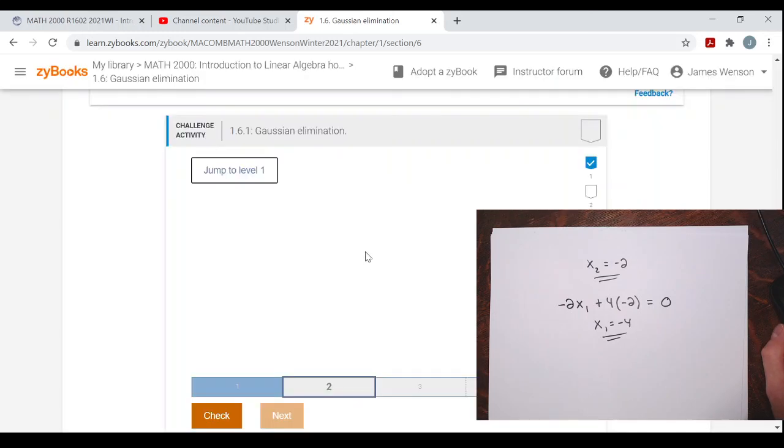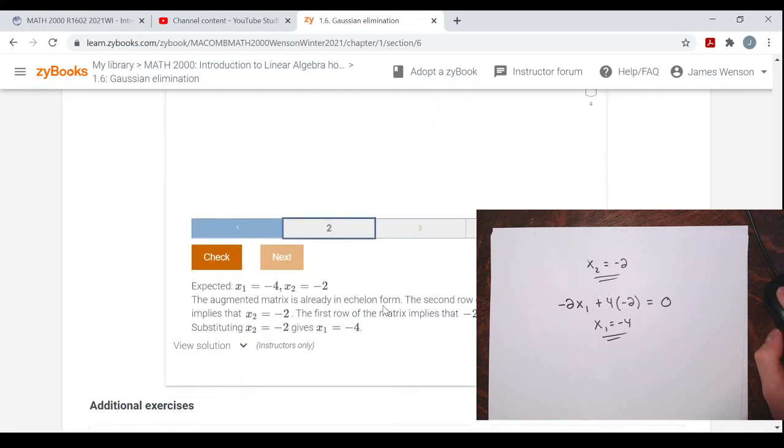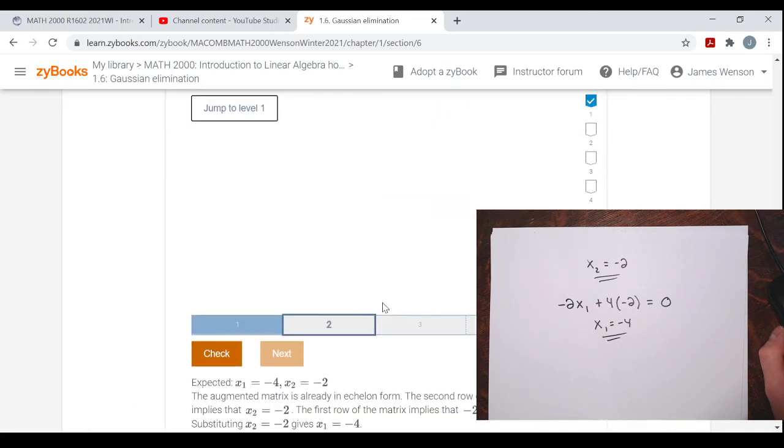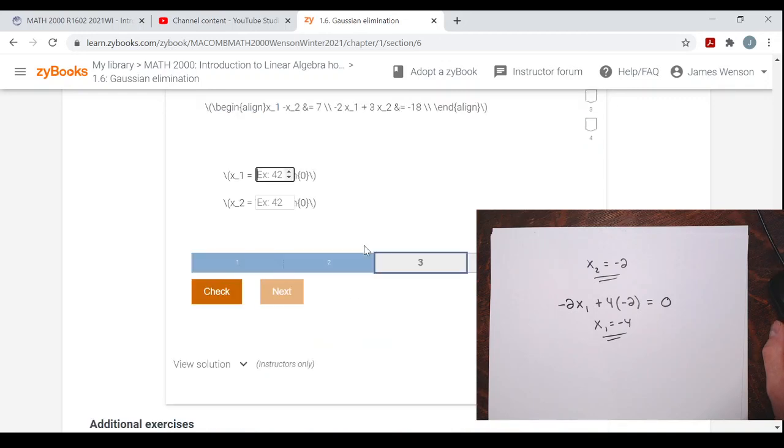No, don't jump. Well, I think that's what the rest of it is, it's all Gaussian elimination. What do I gotta hit here? All right, next. I don't know what happened there.